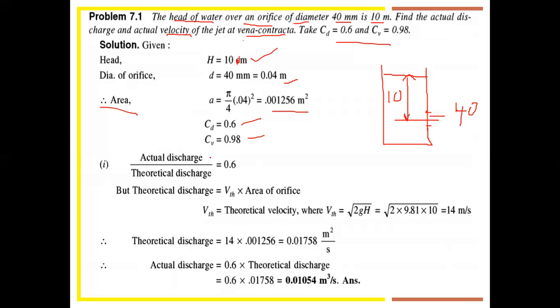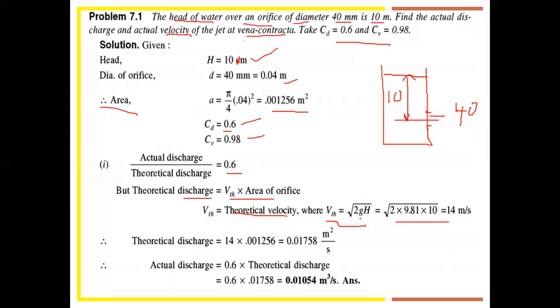Actual discharge by theoretical discharge is equal to CD, 0.6. Theoretical discharge is equal to theoretical velocity into the area of the orifice. Theoretical velocity is root 2gH, which is root of 2 into 9.81 into 10, that is about 14 meters per second.